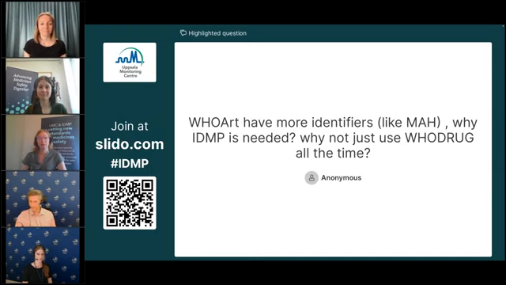I think the difference is that WHO drug tries to describe what is actually on the package, which isn't always really representing what's in the actual substance that's in there. And so by adding more information and more granularity about, for example, the substance, the strength and the dose form, I think one could have really good benefits in analysis of the data.